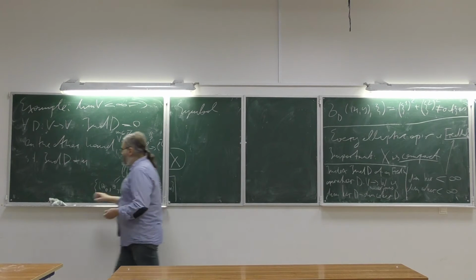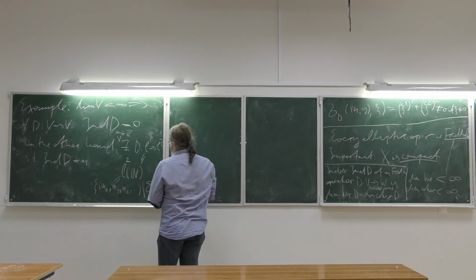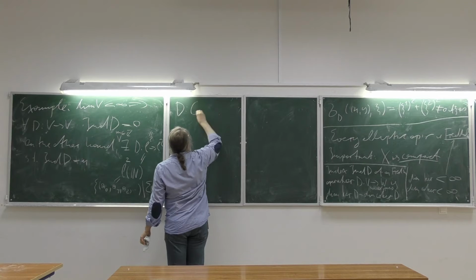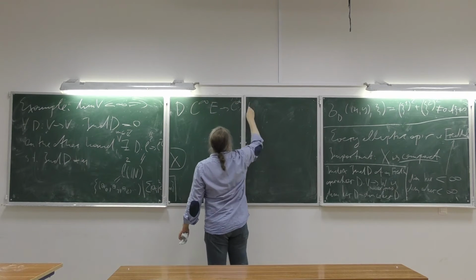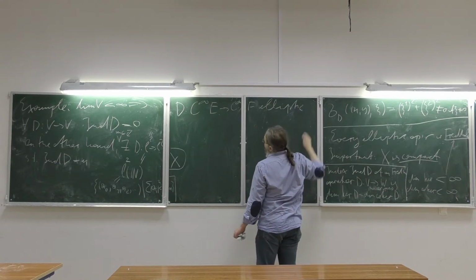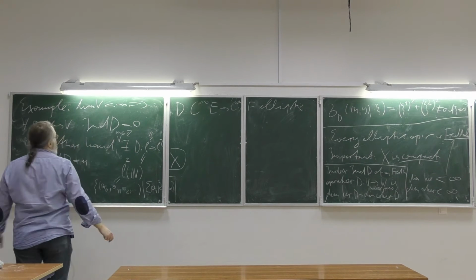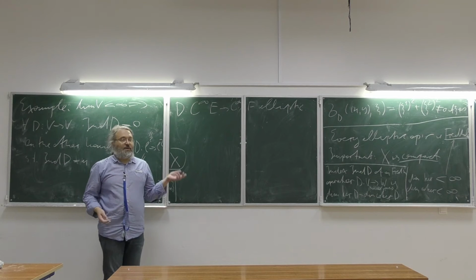So suppose we have D from C infinity E to C infinity F, elliptic, and we want to calculate the index.